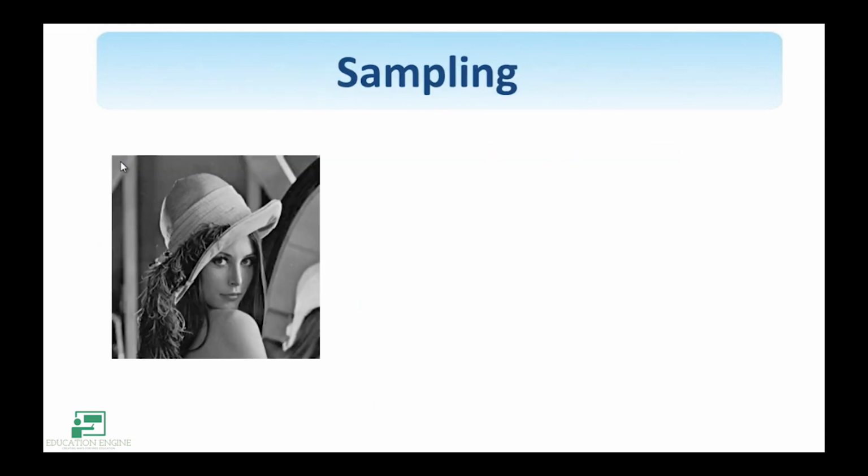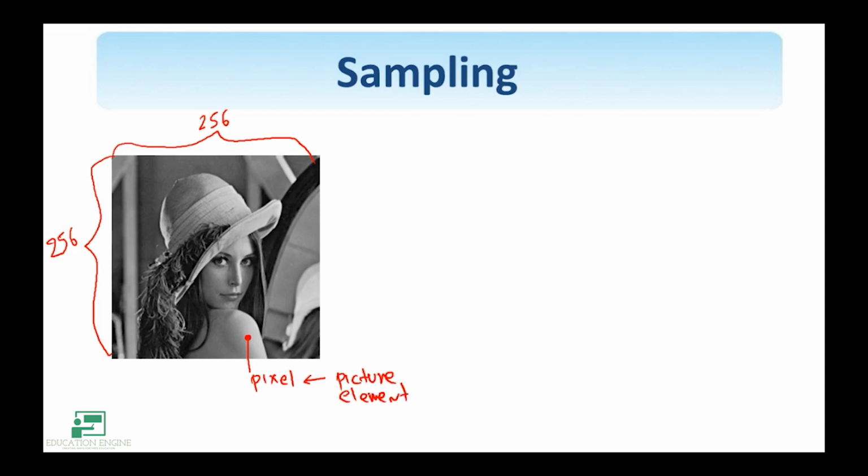To demonstrate sampling, or better yet, resampling, let's consider this digital image. It's a 256 by 256 image, which means it has 256 rows and 256 columns. And it's an 8-bit image, which means each element here, which is called a pixel from picture element, has 2 to the 8 or 1 of 256 values.